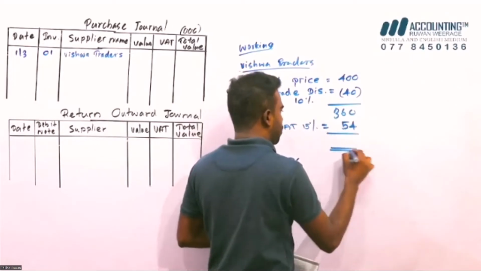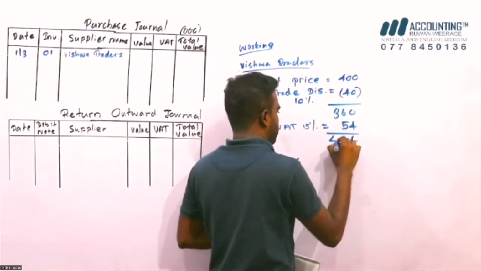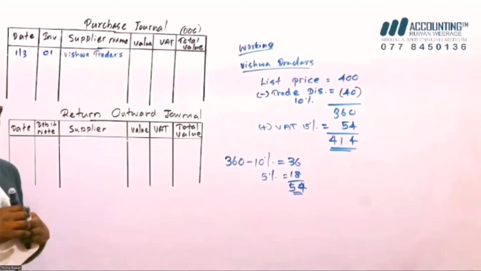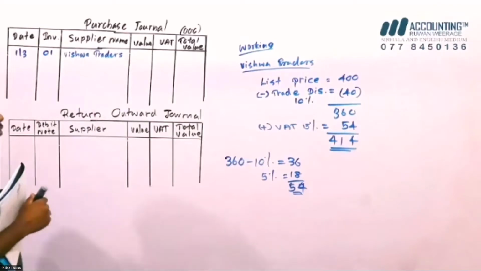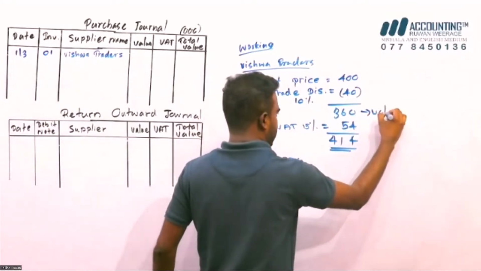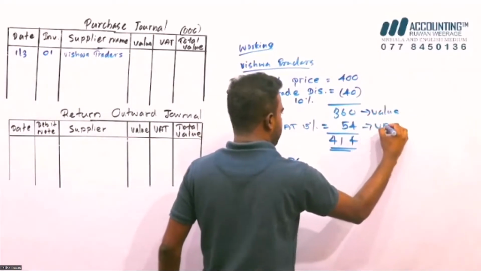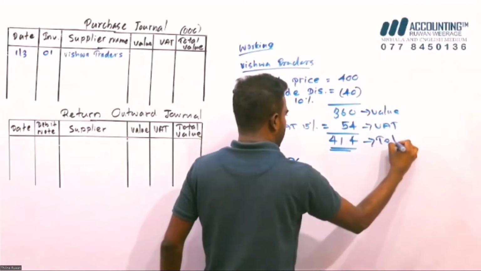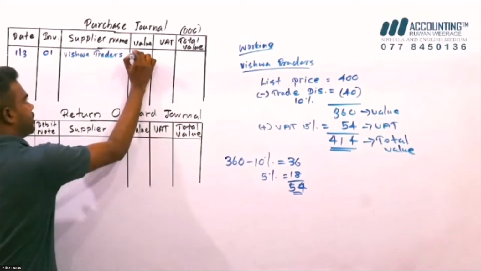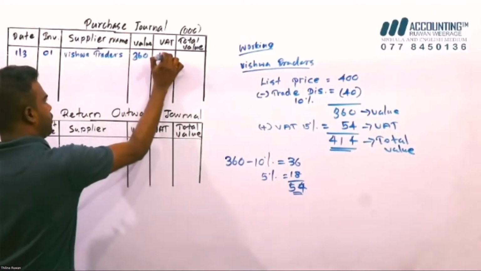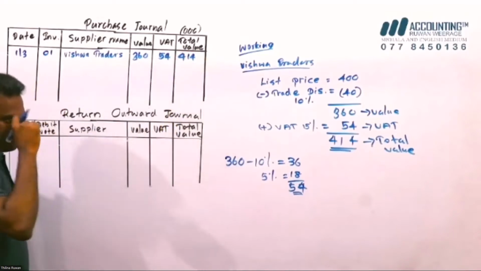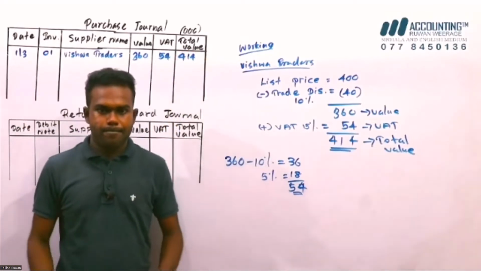Then how much is the total value? 414, right? So this 360 should be recorded in the value column, 54 in the VAT column, and 414 in the total value column. Fine, right?